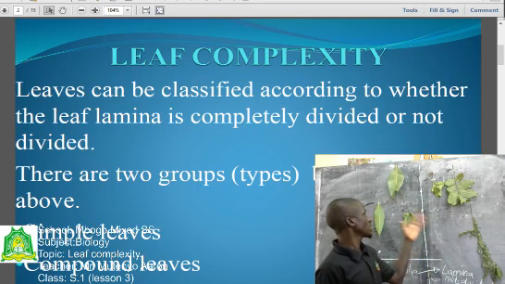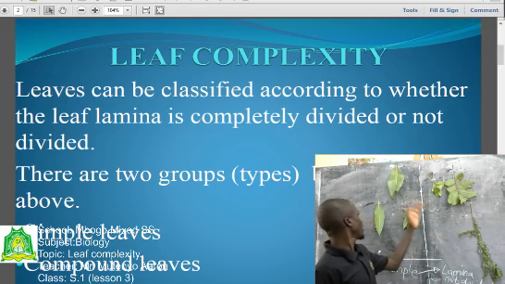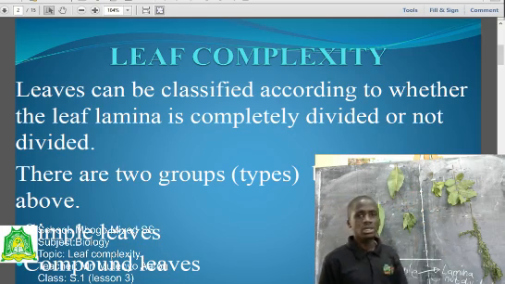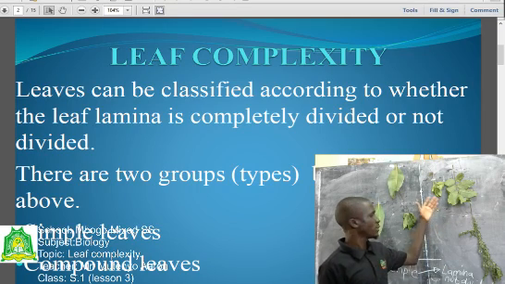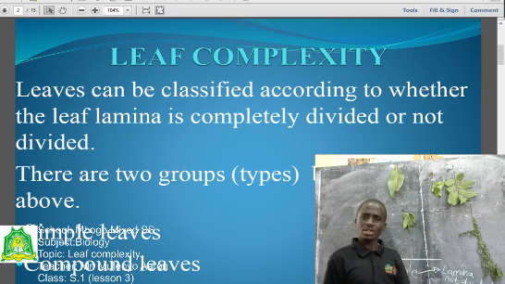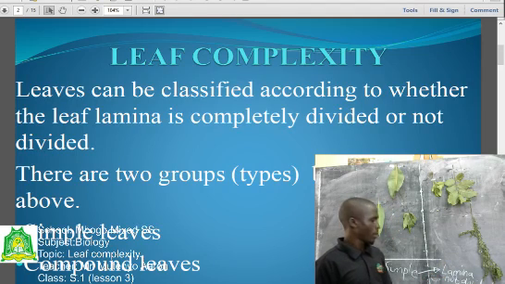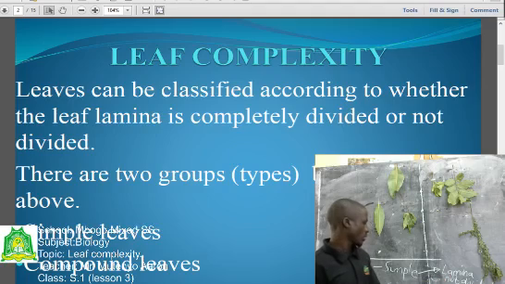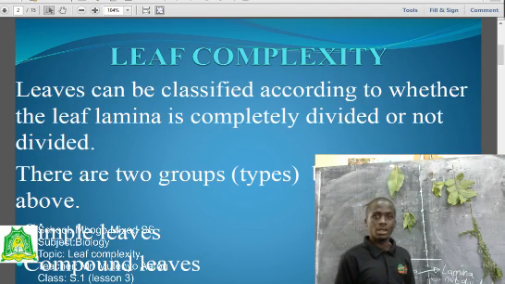For example, most of these are leaves which are compound. They have this kind of venation. You get that? They have network venation. You can even construct a dichotomous key, basing on the type of leaf, basing on the structures that are possessed by that leaf. So it is important that we take through the study of simple and compound leaves.